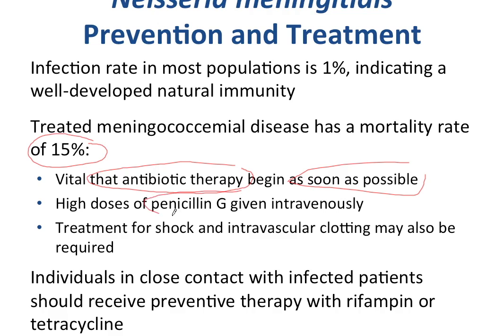High dose penicillin. We cannot wait for the treatment, we cannot wait for the test results. We have to start the antibiotic treatment even if we don't have the test result yet, okay.